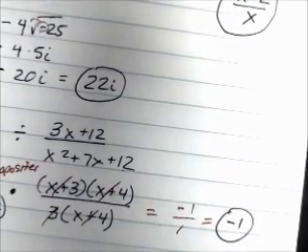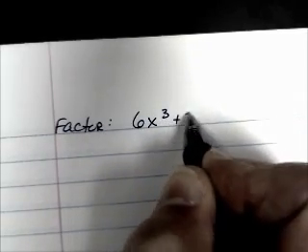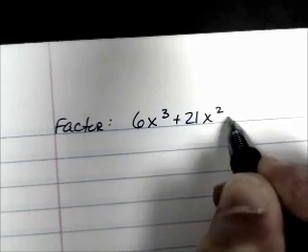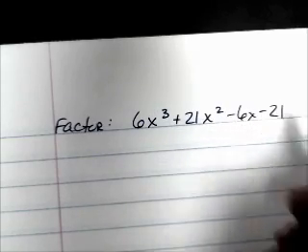Okay, so that's enough for simplifying. Let's factor. All right, let's do one factorization. Let's factor 6x to the third plus 21x squared minus 6x minus 21.